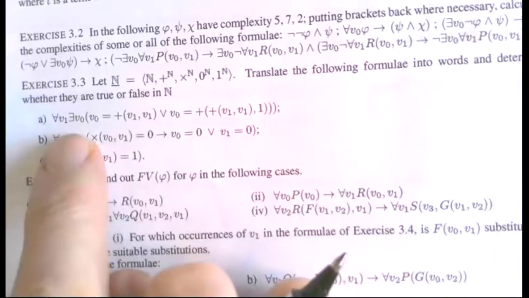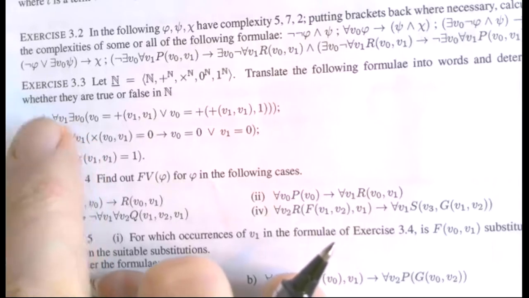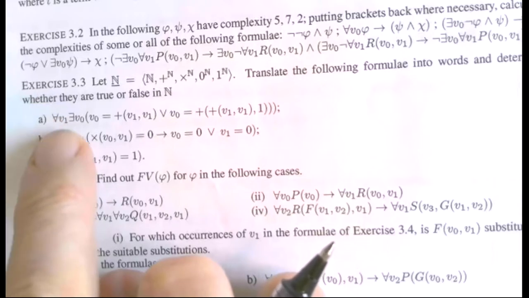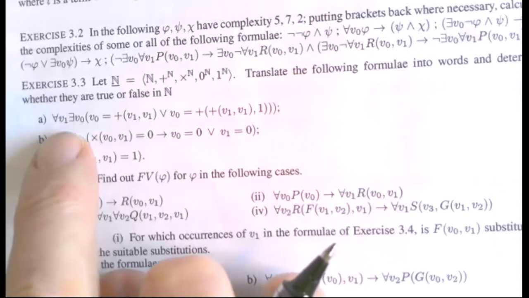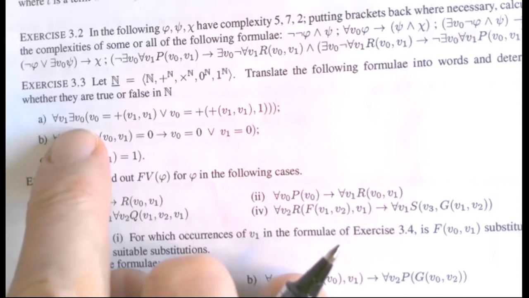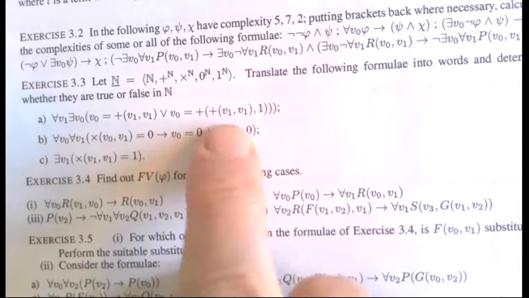I think it was meant to switch around v0 and v1, and it was supposed to say, for every v0, there is a v1, so that v0 is twice that v1, or it's twice it plus 1.